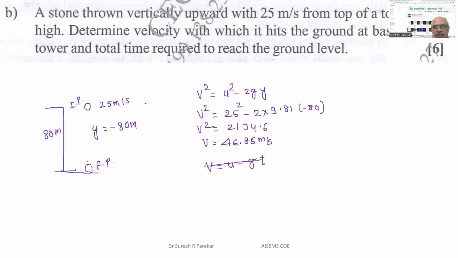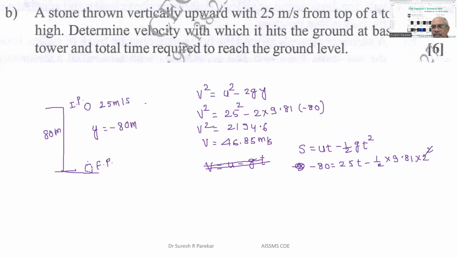So we can use simply s equal to ut minus half gt square. And from this we will get the value of s. So we have s equal to minus 80 equal to 25t minus half into 9.81 t square.